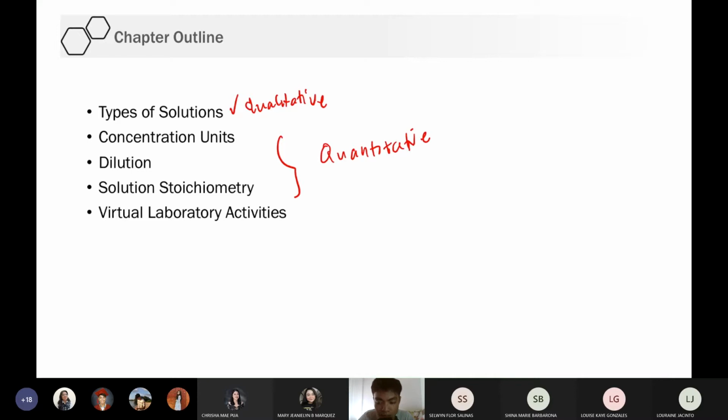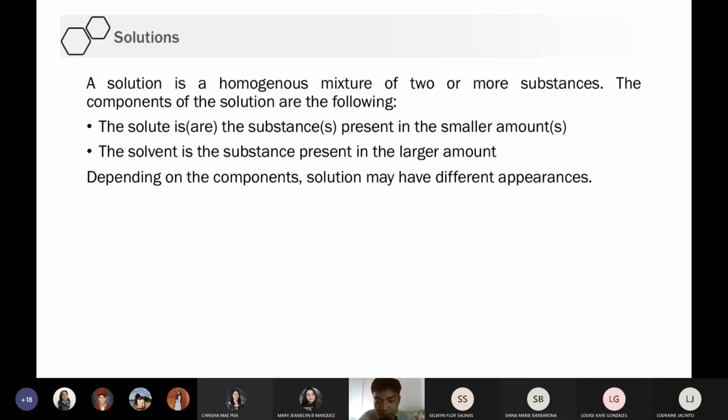Okay? So let's begin with the types of solution. Again, as I told you last time, and even last semester, your instructor told you that a solution is a homogeneous mixture of two or more substances. When you say homogeneous, that means the final appearance should be the same all throughout. So it cannot have layers, because if it has layers, it is not a homogeneous mixture.